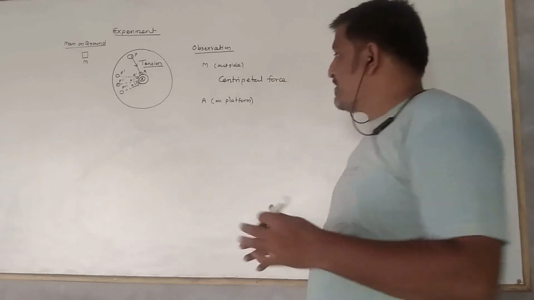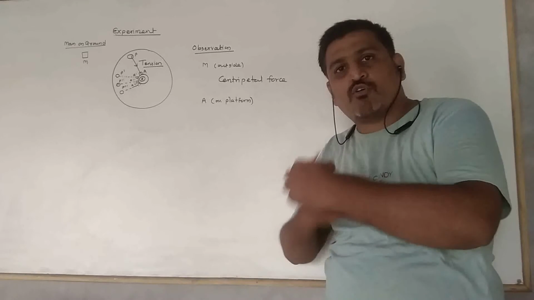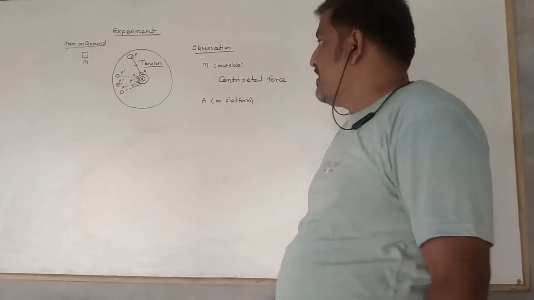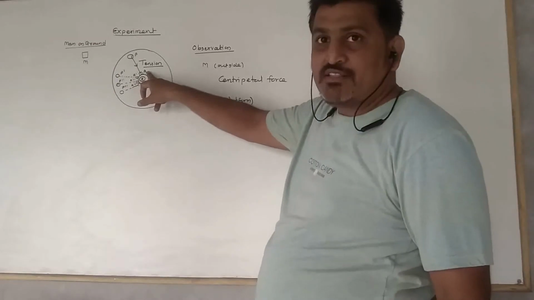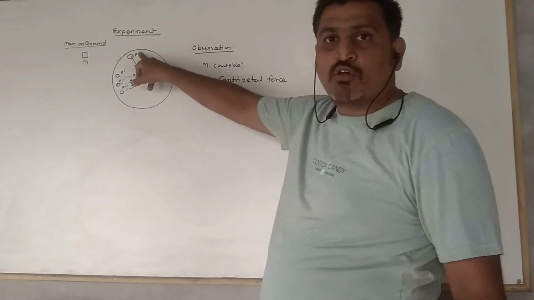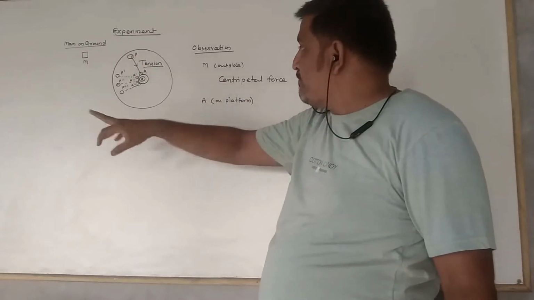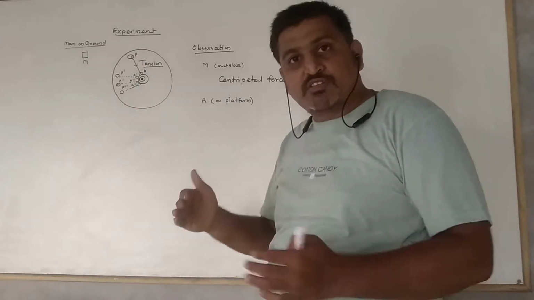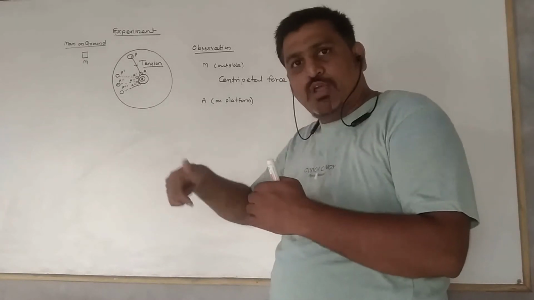Next, what happens related to the person A? What is the observation of the person A? Initially the person is standing at position A, and he finds that the position of the ball is at P. As the merry-go-round starts moving, the position of person A changes to A dash.